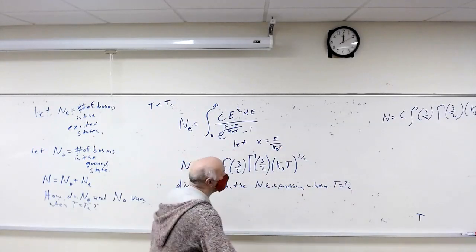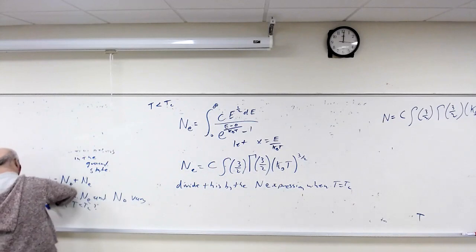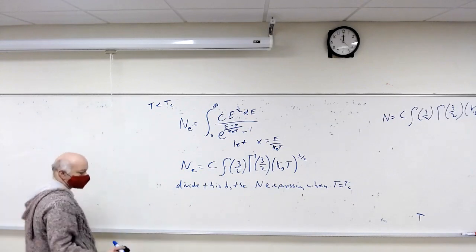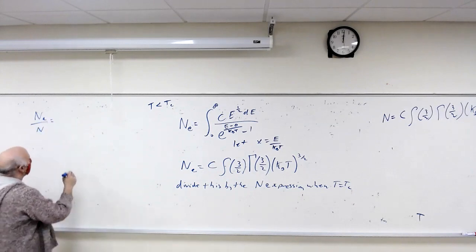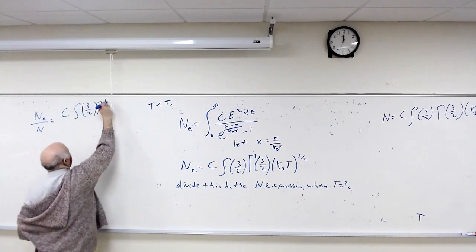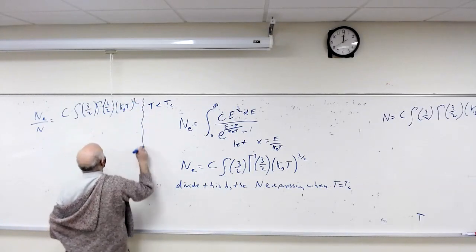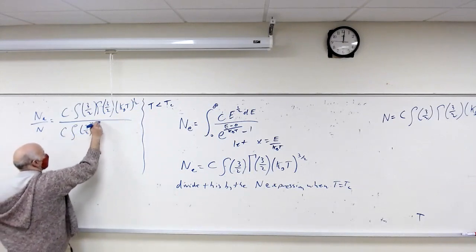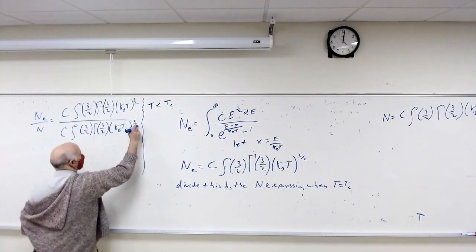So if we do that, ne over N: I have the C, Riemann zeta function of 3/2, gamma function of 3/2, kBT to the 3/2, all divided by C, Riemann zeta function of 3/2, gamma function of 3/2, kBTc to the 3/2.